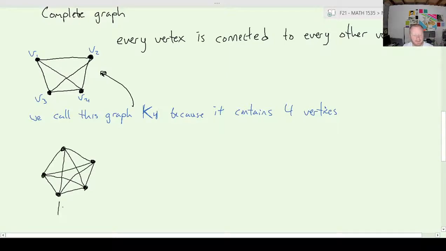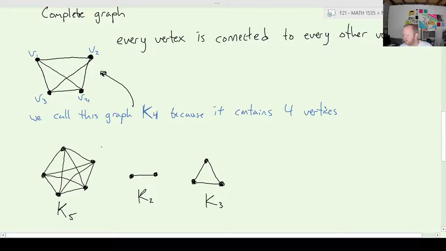Here's K sub 5. K sub 2 is not very interesting. Here's K3. But all of these are complete because every vertex is connected to every other unique vertex in that.